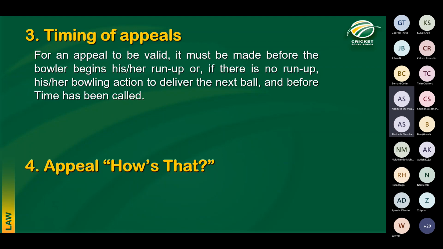So what does that mean? An appeal doesn't have to be a second or two later. The fielding side can still appeal as long as the bowler did not take his or her first step to deliver the next ball, and before time has been called.